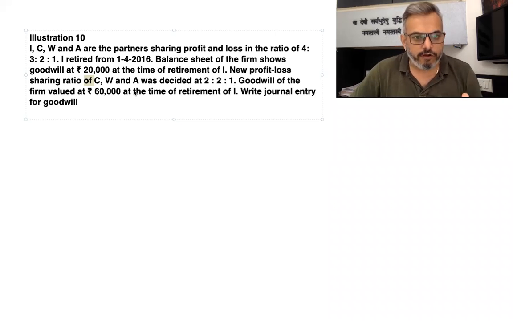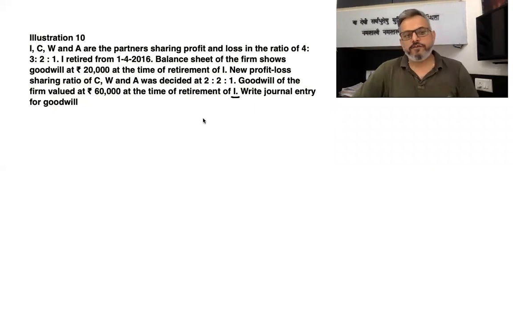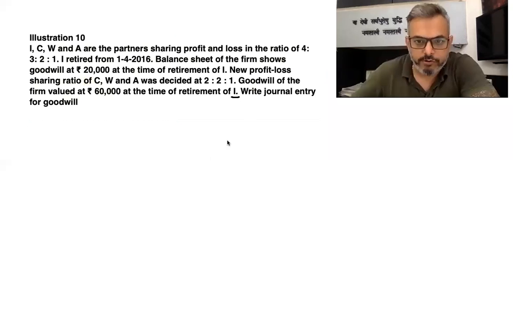New profit loss sharing ratio of C, W, A was decided at 2 is to 2 is to 1. Now, goodwill of the firm is valued at 60,000. So new goodwill is 60,000 at the time of retirement of I. Write journal entry for goodwill. So this is the sum we are going to do.